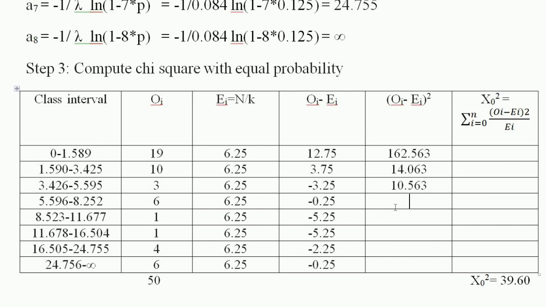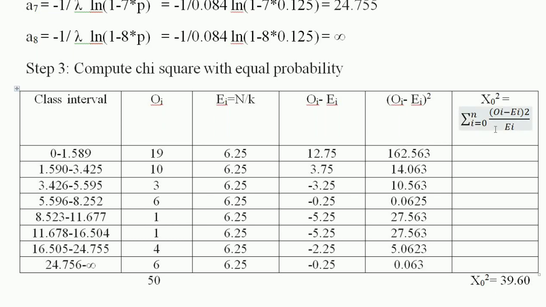Again minus 0.25 squared, 0.0625. Again 5.25 squared, you get 27.563. Again 5.25 is there, so 27.563 itself. 2.25 squared is 5.0625. Again minus 0.25, minus into minus becomes plus, 0.0625 is the OI minus EI whole square.